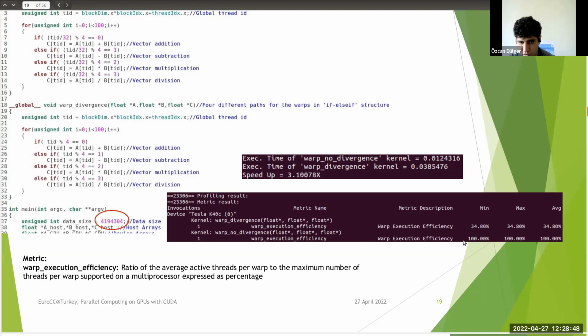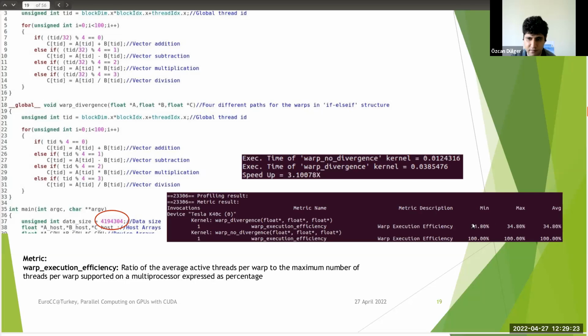Here, in the no divergence version, it is 100 as we expected, because all of the threads in the warp are active at the time, since they either run the if path or run the else path. There is no divergence, so the output is 100. But in the divergence case, some of the threads are waiting while executing one of the paths, so some of the threads are idle.